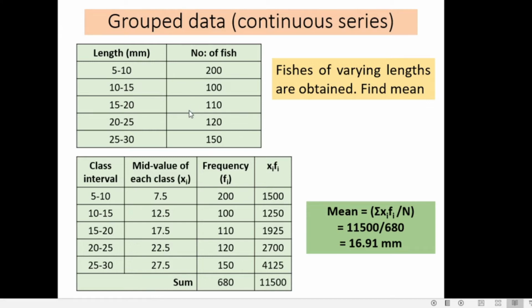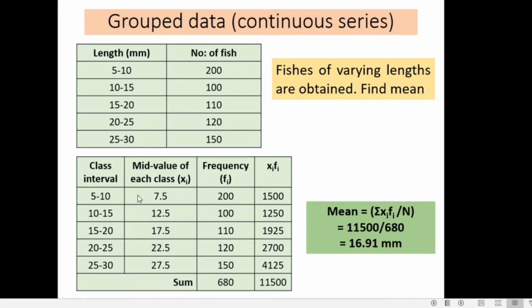I have rewritten the table: these are the class intervals, and this represents the frequency. That means the number of fish that fall under each class interval shows the frequency. So how do we calculate mean?